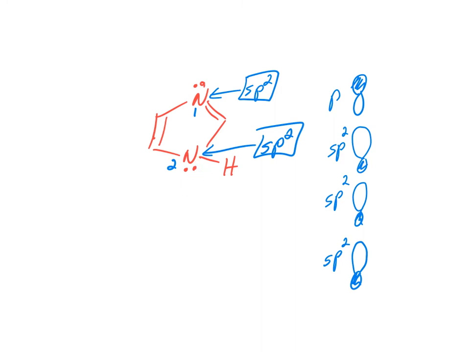What about number 2? Now is that p or sp2? Where's that lone pair at? Essentially what I'm asking you is, can this lone pair do resonance? Is it delocalized? Go ahead and throw it in the chat. So nitrogen 2 lone pair, is it p orbital or sp2 orbital?